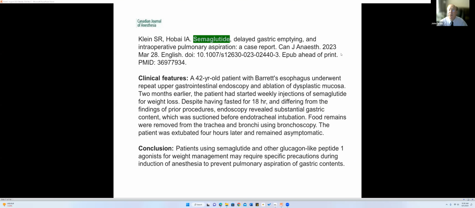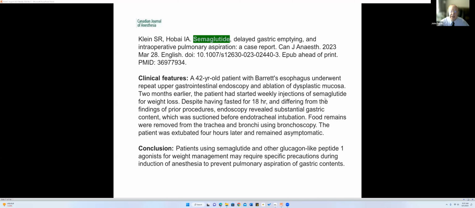But there is a problem with this drug, and that is delayed gastric emptying. And here is a report from this year, 2023, of a patient who was fasted for 18 hours, but nevertheless aspirated on induction of anesthesia.